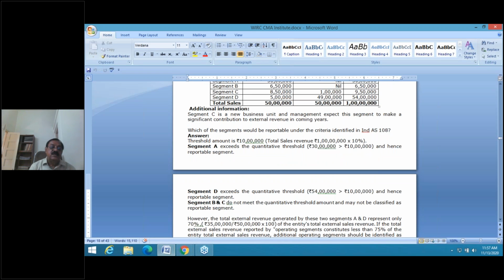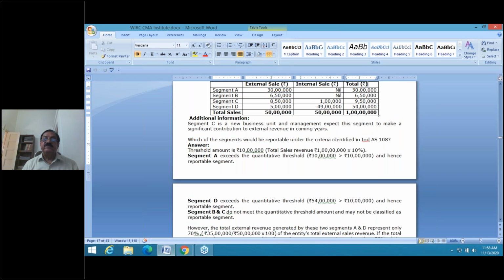But ultimately, 75% is required. However, the total external revenue generated by these 2 segments represents only 70%, because you see 30 plus 5, friends. Here external sales, this is 30, then this is 5, so 35 out of 50, so it is 70% only, whereas the condition is minimum 75% of external sales.